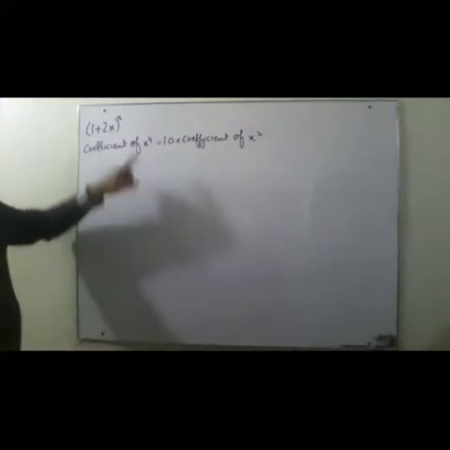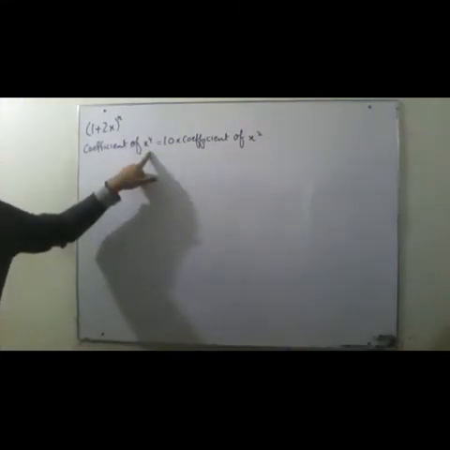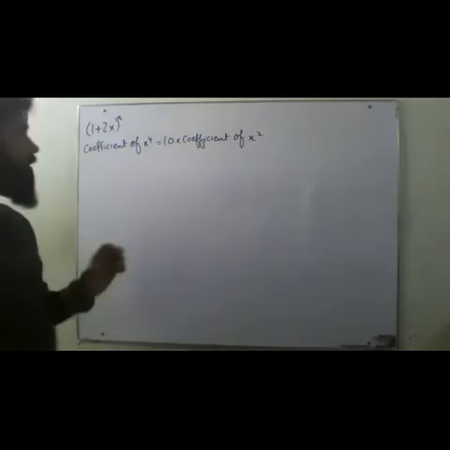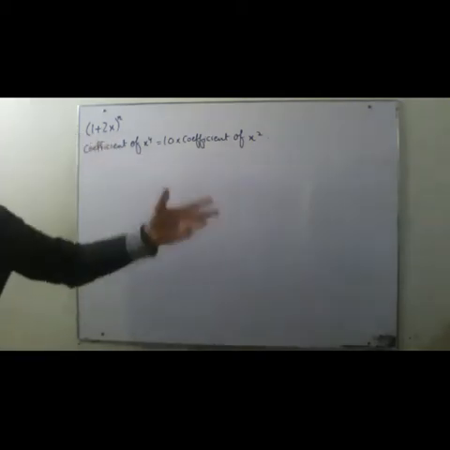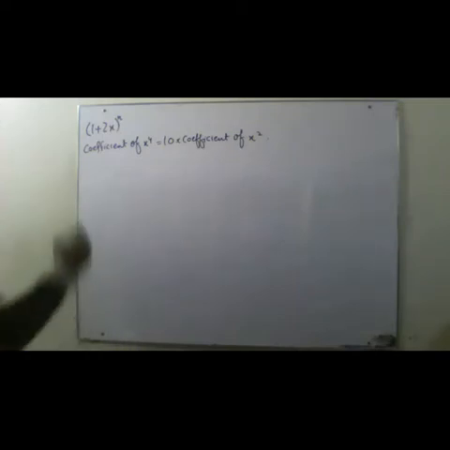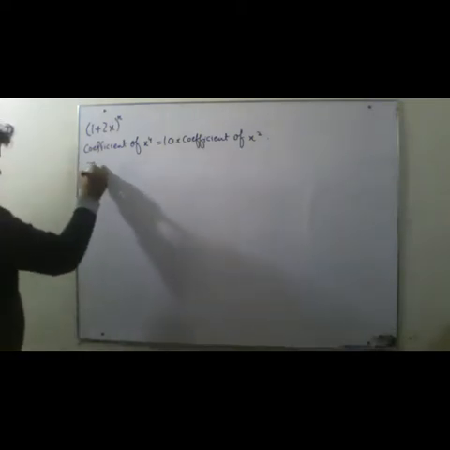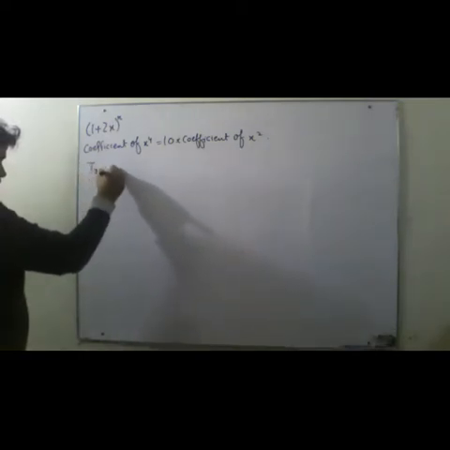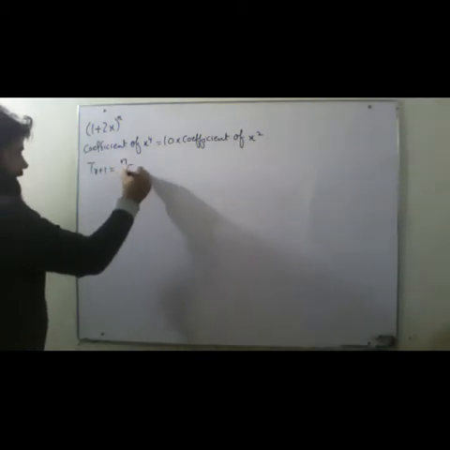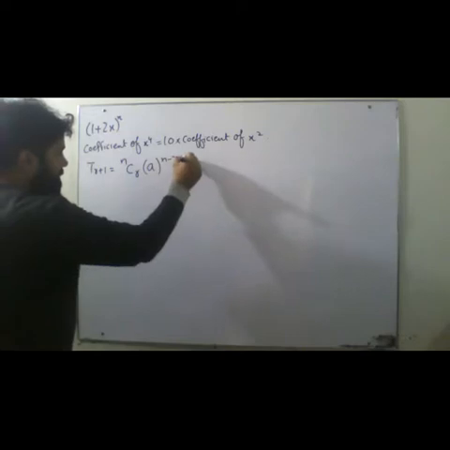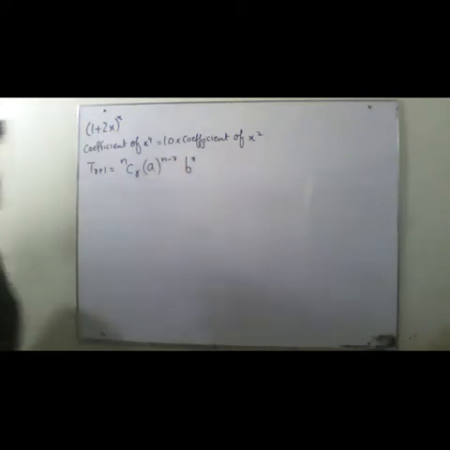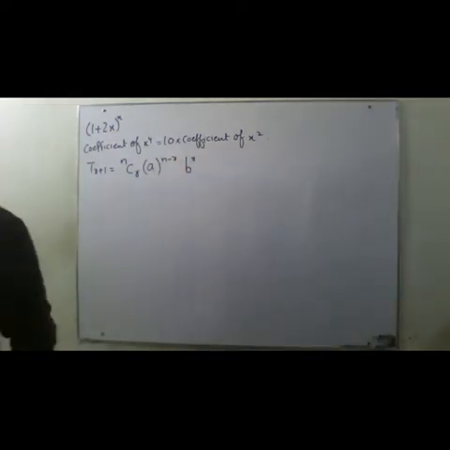First of all, for the coefficient of x power 4, I will not expand all the terms, I'm just writing the general term. The general term is T r plus 1 equals nCr a to the power n minus r b to the power r. That's my general term over here.